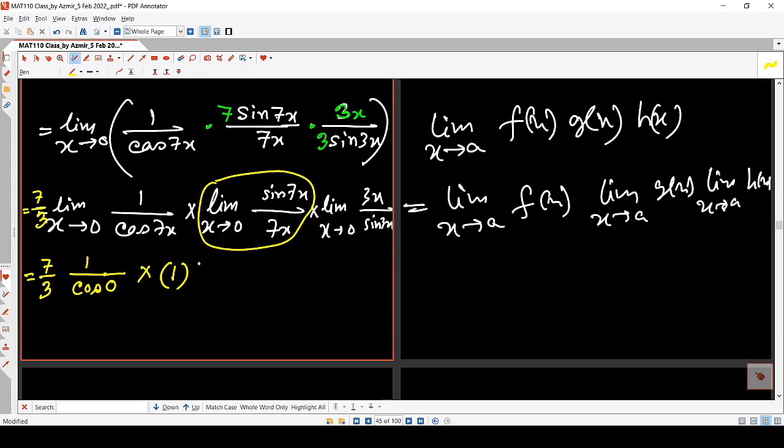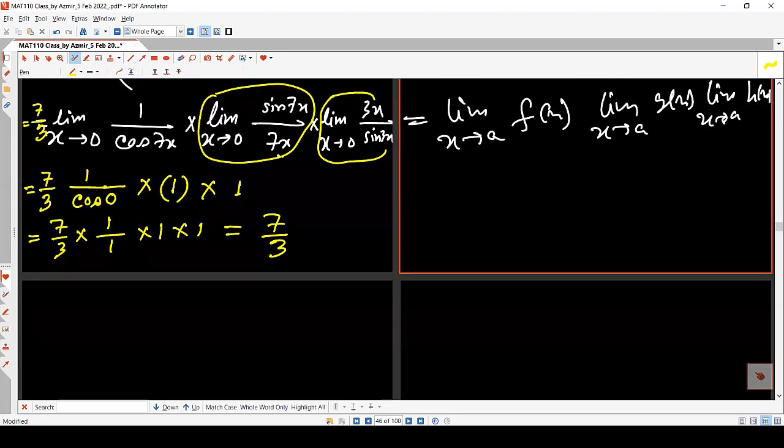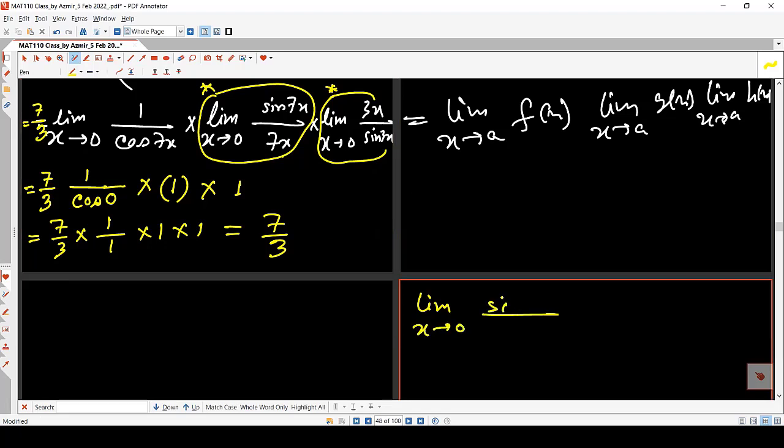I will show how we can write 1. Similarly, this thing will also be 1. So we have 7 over 3 times 1 over cosine 0, that is 1, times 1 times 1. So we have actually 7 by 3. Let me show how we can write this and this as 1. So here, let me take limit x tends to 0, sine of 7x divided by 7x.